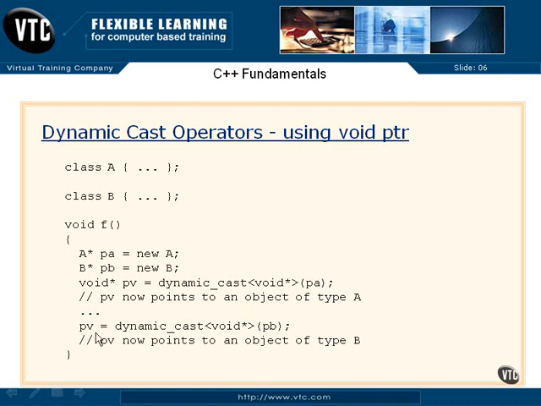And here we say that PV is a dynamic cast of void pointer of a PB, also just fine. Using the void pointer is perfectly acceptable because we don't have the issues of assigning a pointer to the larger derived class into a pointer of something smaller, which it can't handle.